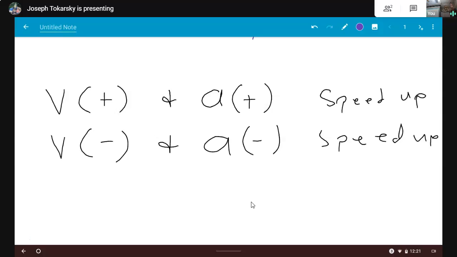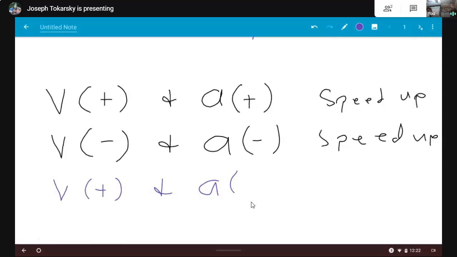Anytime the two signs oppose each other of what the current velocity is at the moment of acceleration, that will cause you to slow down. So there's two ways that could happen. It doesn't really matter the order we put these. So if my V is positive, like the one I just went over, and my A is negative, then that does represent slowing down.